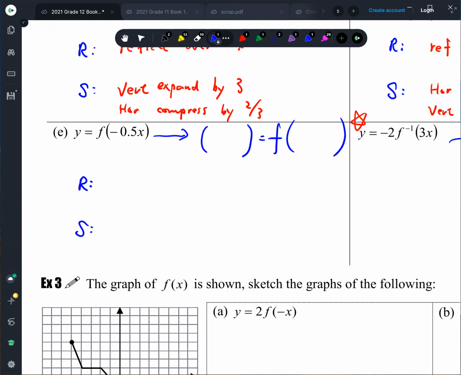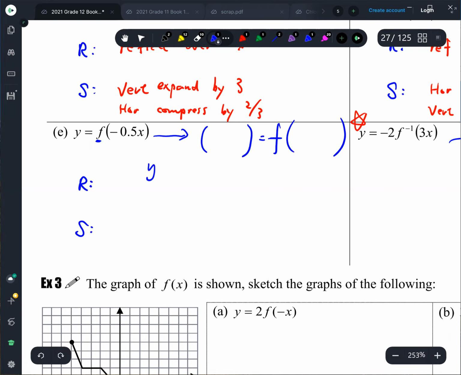Okay, Caleb, do you have the form? No, I'm still trying to work on it. What have you got so far? For E, I just have y over f is equal to negative.